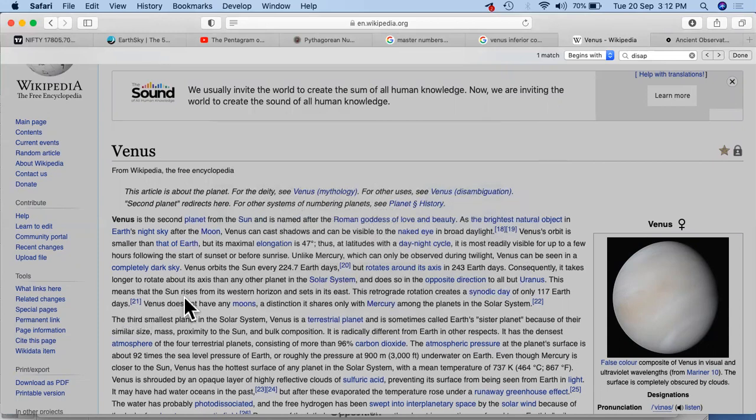This means that the Sun rises from its western horizon and sets in the east. This retrograde rotation creates a synodic day of only 117 Earth days. Venus does not have any moons, a distinction it shares only with Mercury among the planets in the solar system.